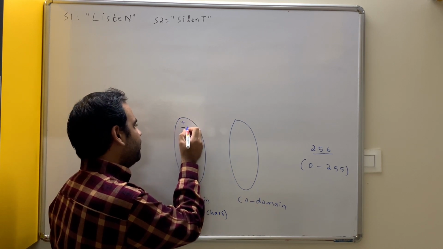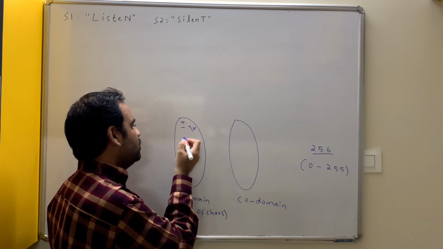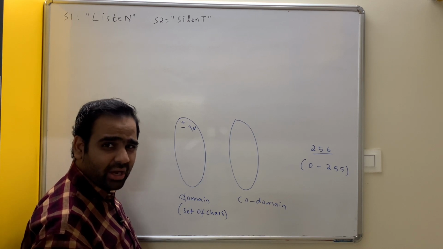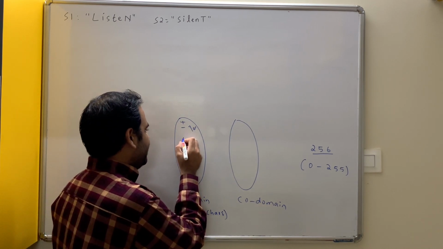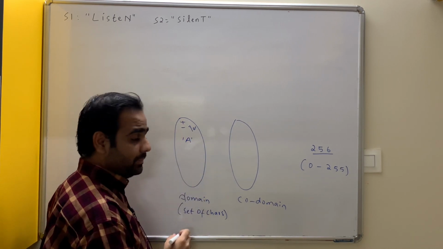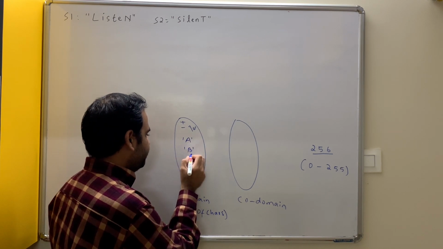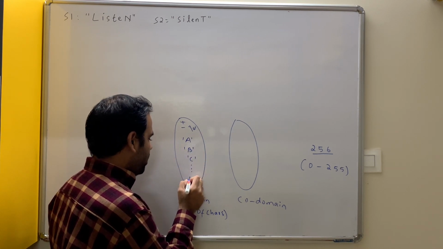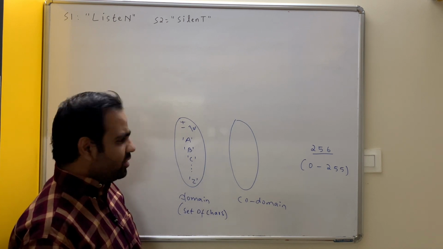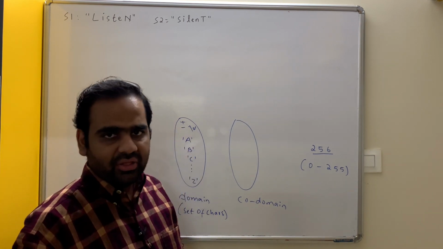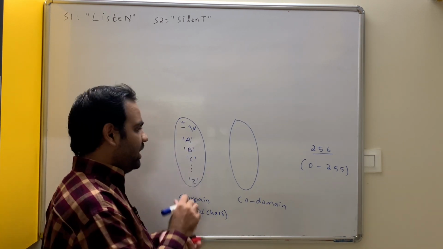It may be plus, minus, backslash, 0, A, B, C, D and so on. Let's take character A, character B, character C and so on up to character Z. Of course, we would consider plus and minus as well, but let me take the alphabets.